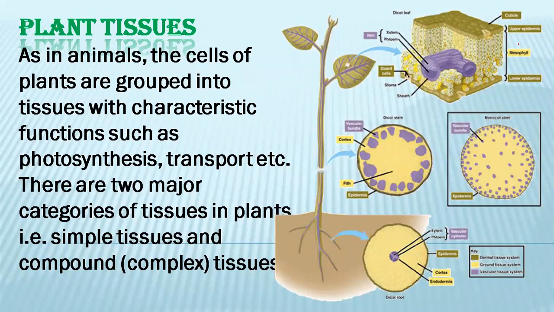Plant tissues. As in animals, the cells of plants are grouped into tissues with characteristic functions, such as photosynthesis, and the transport of food material or water throughout the plant. On the basis of structure, plant tissues are of two basic types: simple tissues and compound or complex tissues.